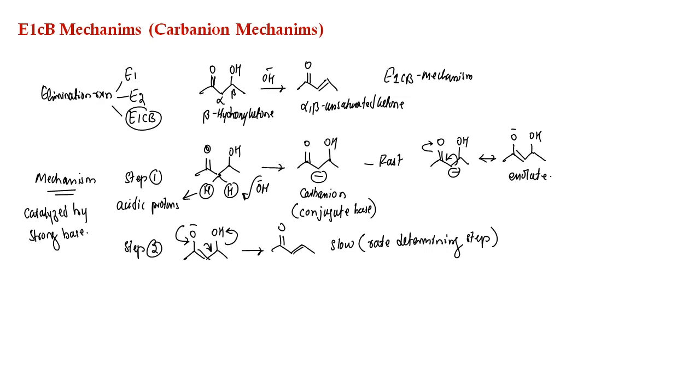For example, we can have a beta haloketone, we can have fluorobenzene, similarly we can have alkyl halides.